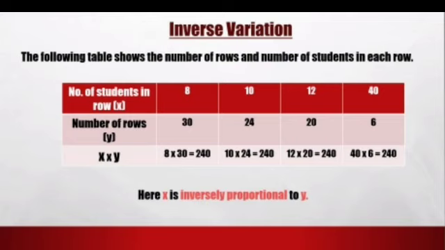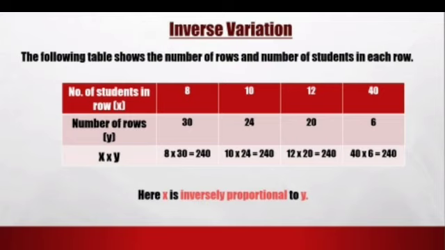Product means multiplication. So when you multiply 8 into 30, you get 240. 10 into 24, 240. 12 into 20, 240. 40 into 6, 240.